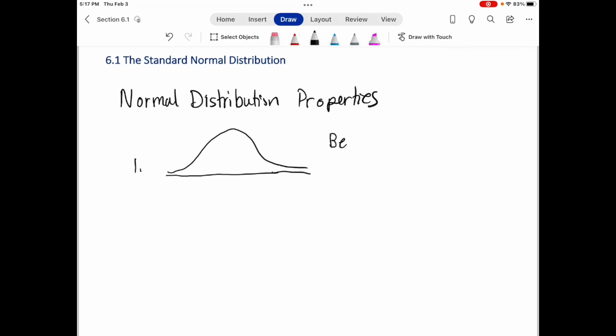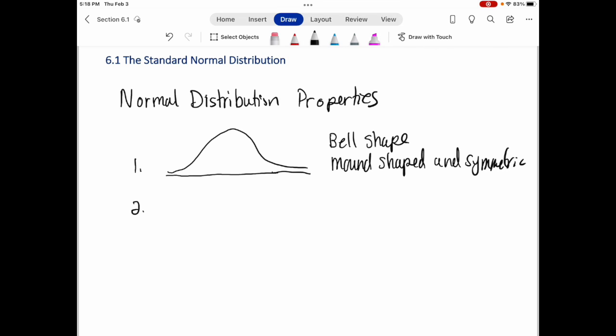It has a bell shape, or sometimes you'll hear it called mound-shaped and symmetric. And there are some other words that you can use to describe it: one peak and symmetric. But basically, you're going to have that kind of a curve where most of it is going to occur in the center at one peak, and then it's going to be symmetric and tail off on either end.